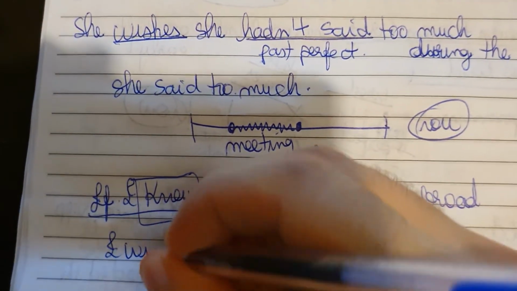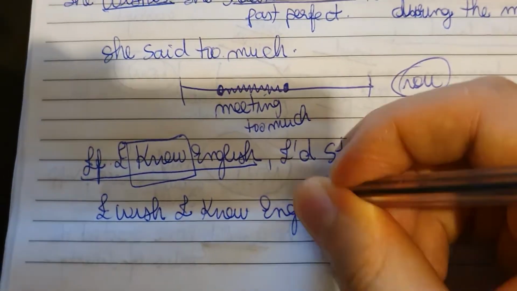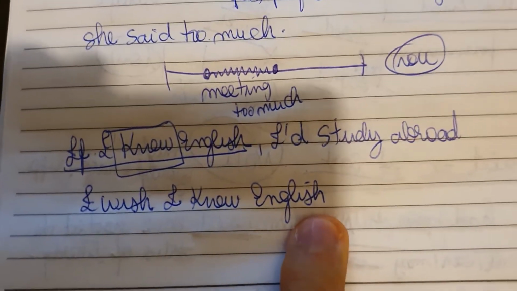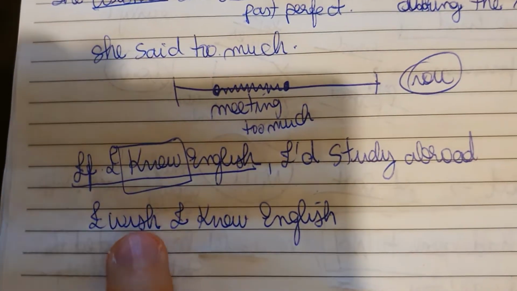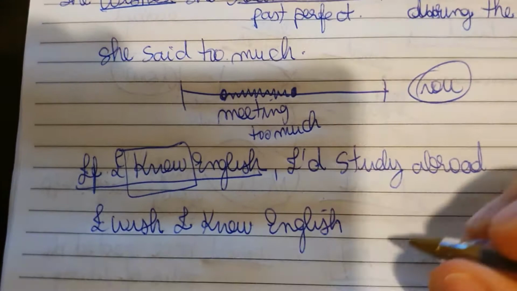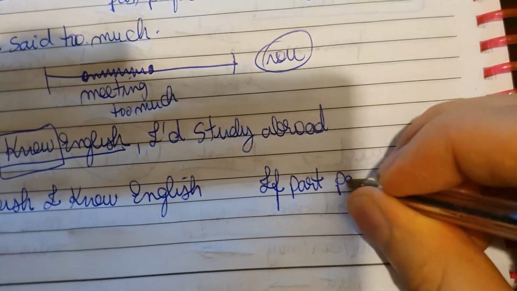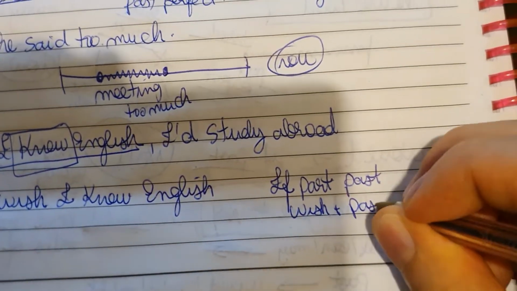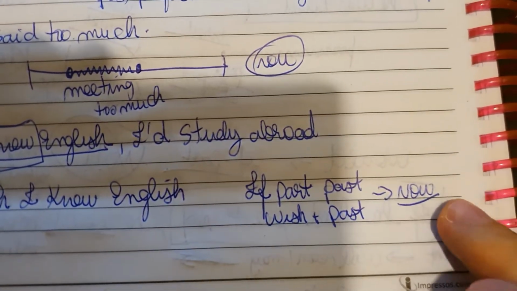I wish I knew English. It's the same thing. I don't know English. I wish I knew English. So I wish plus simple past refers to a situation now. So summarizing, if part in the past and wish plus simple past refers to now situation, current situation.